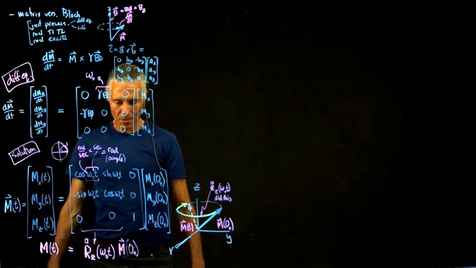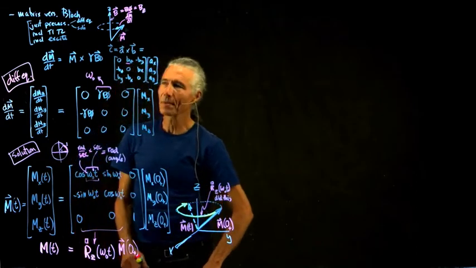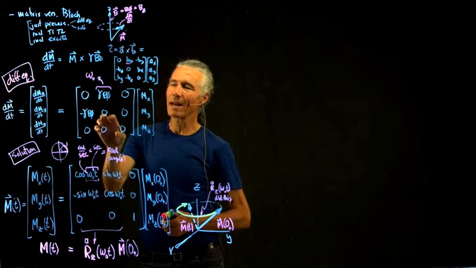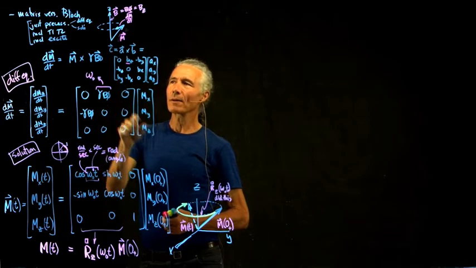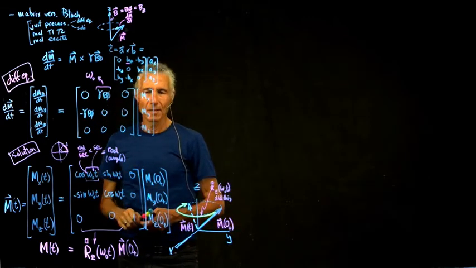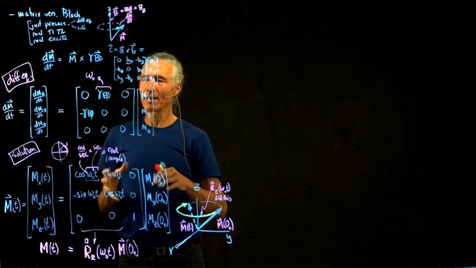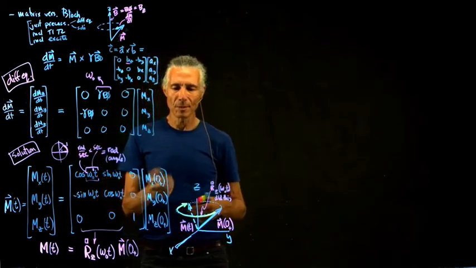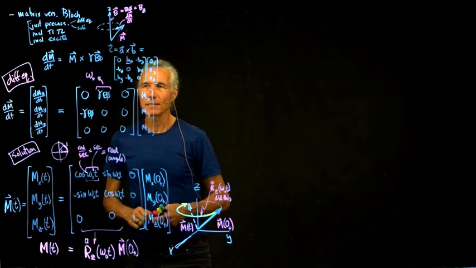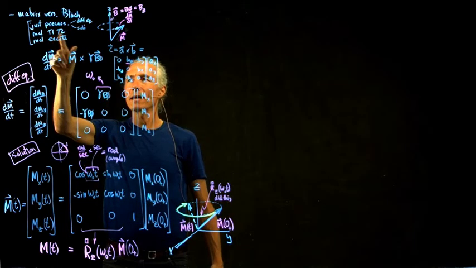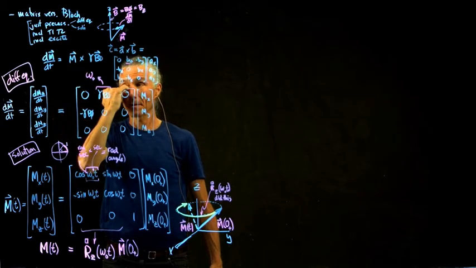Okay, so now, what about relaxation? Well, it turns out you can tack the other parts of the Bloch equation into a single matrix. So you just have a nice all-in-one matrix that includes the precession plus the T1 decay plus the T2 decay.